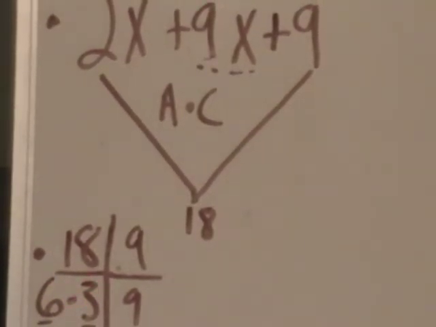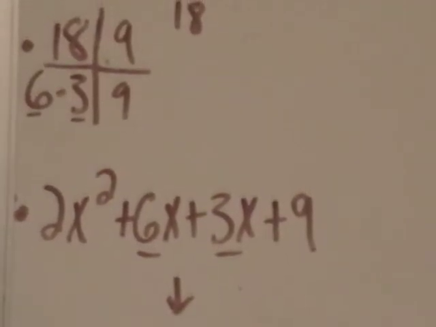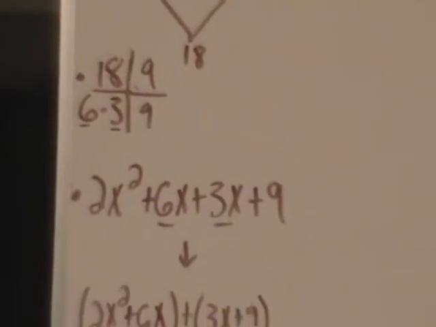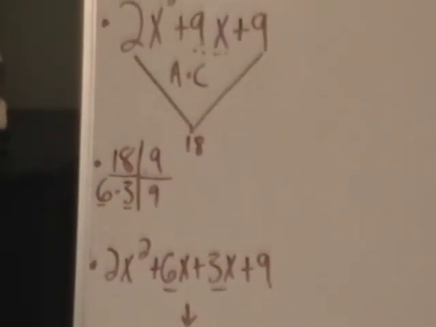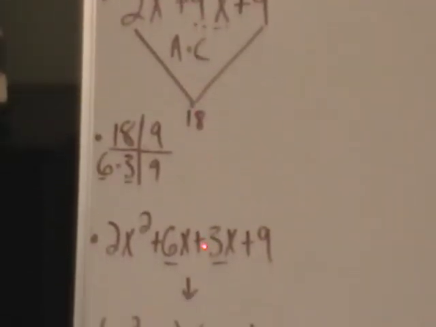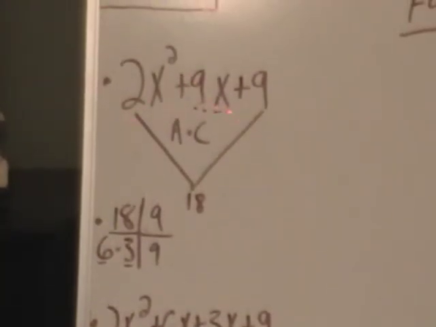And here's what that looks like. We took this 6 and stuck it in the middle, gave it an x. This 3, stuck it in the middle, gave it an x. Now if you look, mathematically we did not change anything, because 6 plus 3 is 9, just like this. If we were to combine like terms, we would get the same equation. So we're still following the rules of mathematics.